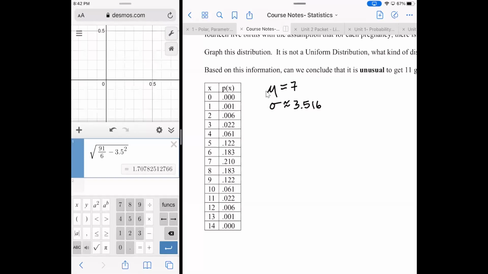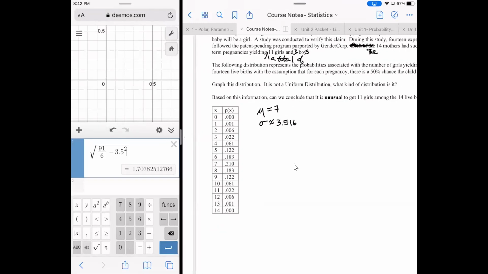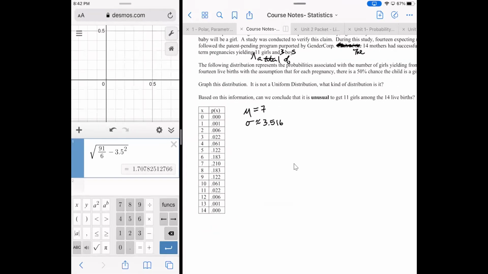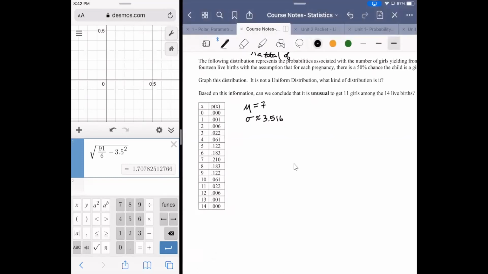But if you wanted to, you could have created a table in Desmos. It's more typing, not something that most people want to get into at this moment. But like I said, I'll show you another way. For now, we'll work with these numbers. We need mu plus or minus 2 sigma.